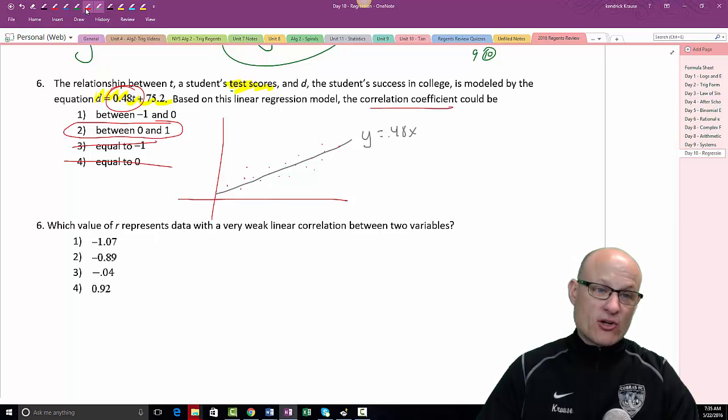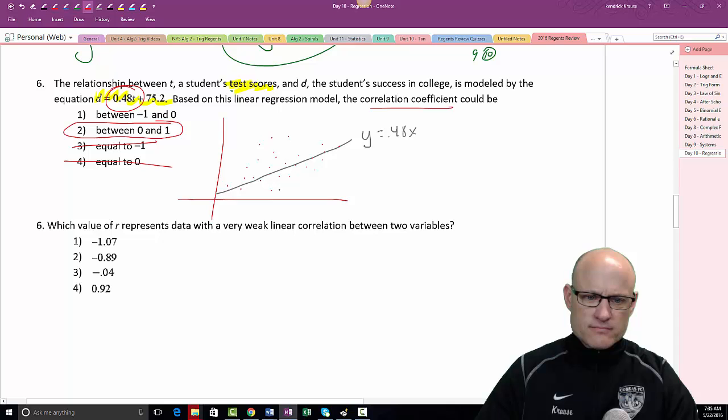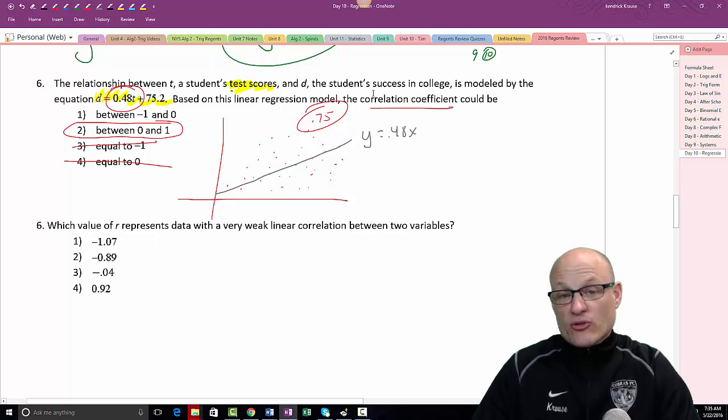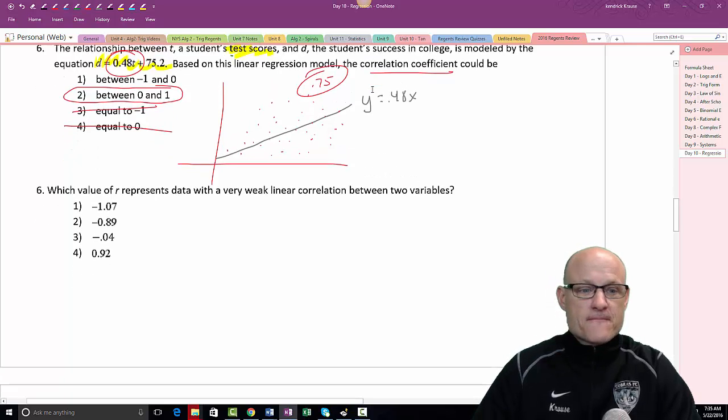But it doesn't mean it can't look like this. Originally I drew one that might have a correlation coefficient of like 0.8, 0.9, 0.95. But this one is probably closer to like 0.75 maybe. So who knows how big and who knows how strong it is. I just know it's positive.